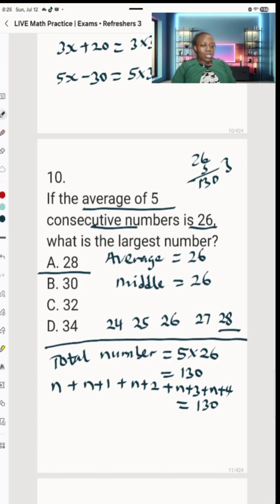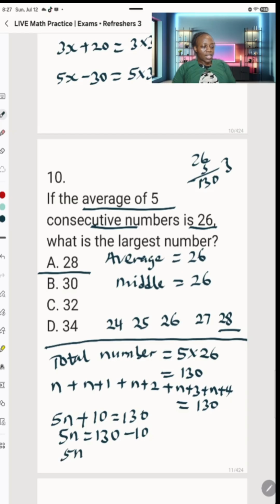Let's add all those n together, that is 5n. 1 plus 2 is 3, 3 plus 3 is 6, 6 plus 4 is 10. Equal to 130. 5n is 130 minus 10. 5n is 120.